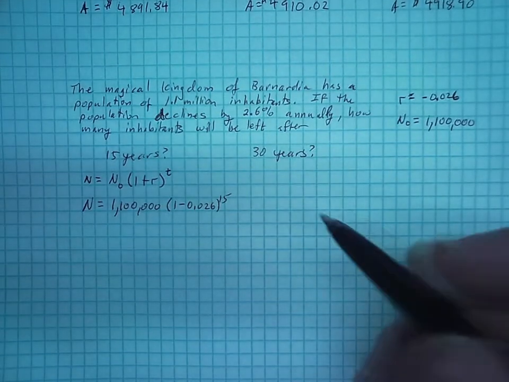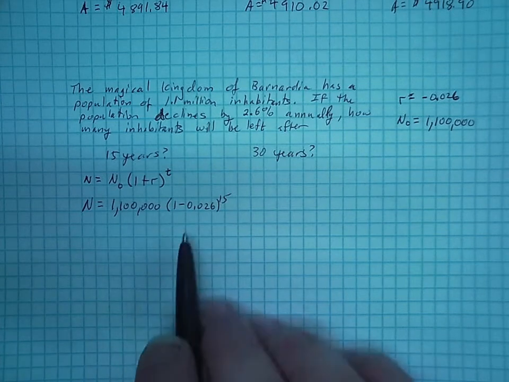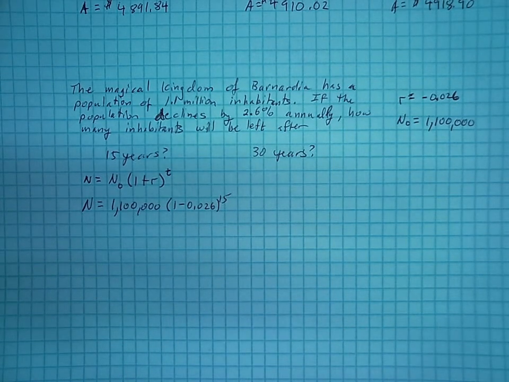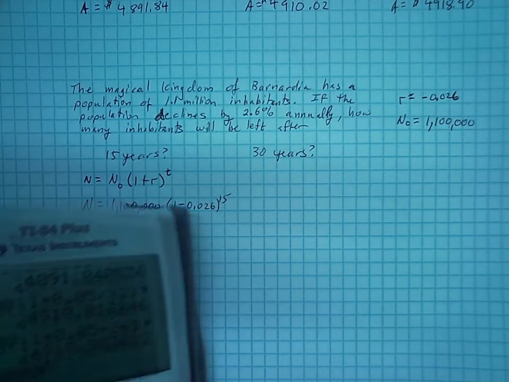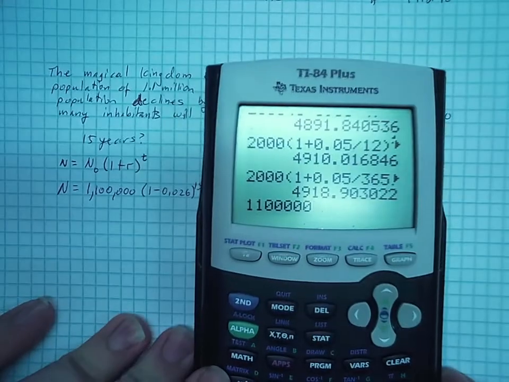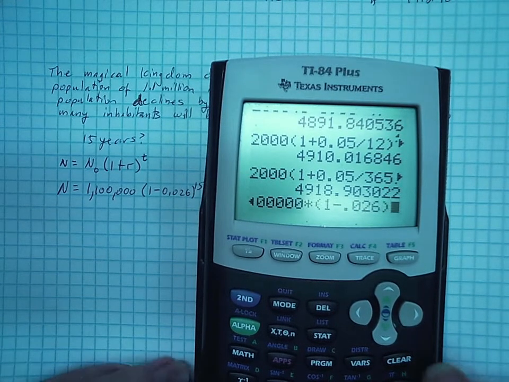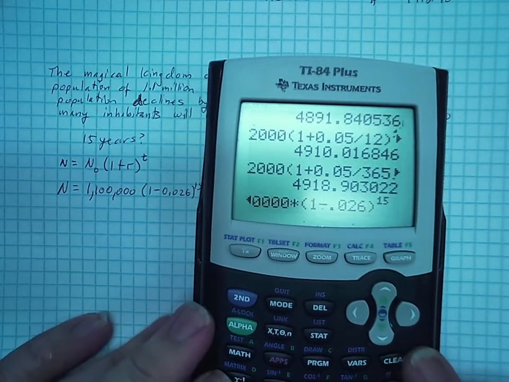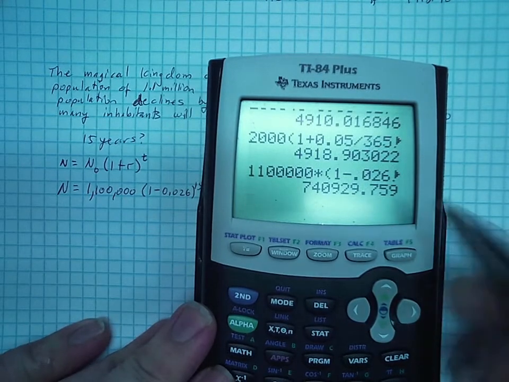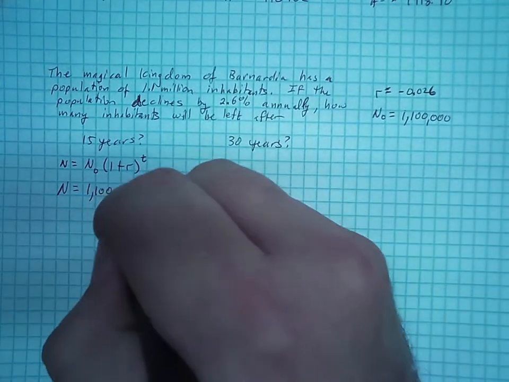And there it's calculator time. This one's a little easier to figure out the base, 0.974, but it hardly matters if you don't want to do that. So 1.1 million times 1 minus 0.026 to the 15th power. So 740,000, 741,000-ish.